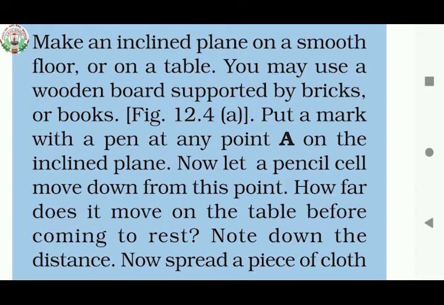Put a mark with a pen at any point A on the inclined plane. Now let a pencil cell move down from this point. How far does it move on the table before coming to rest? You have to note down the distance moved by the cell before coming to rest.